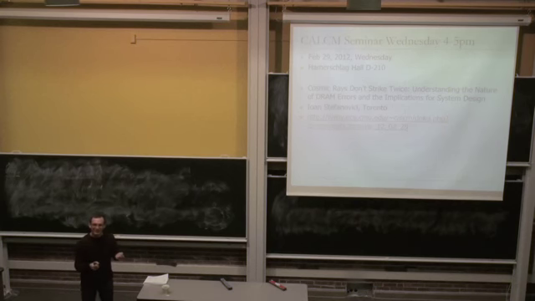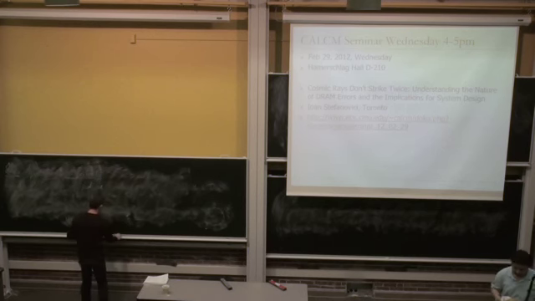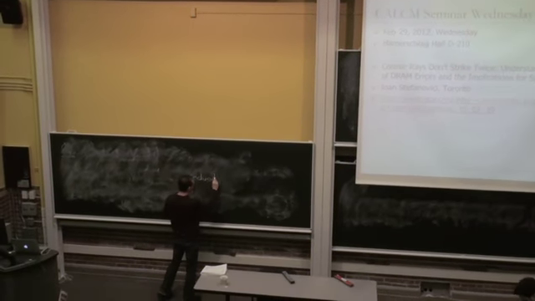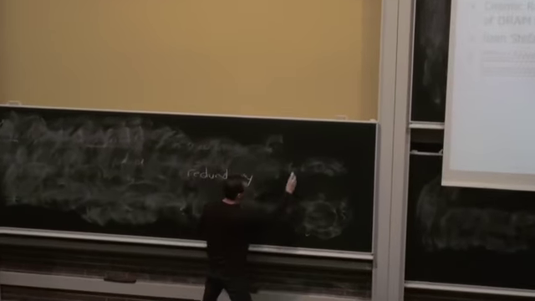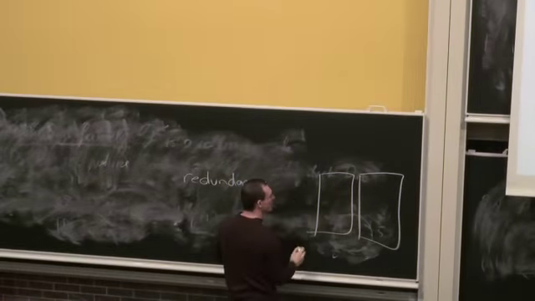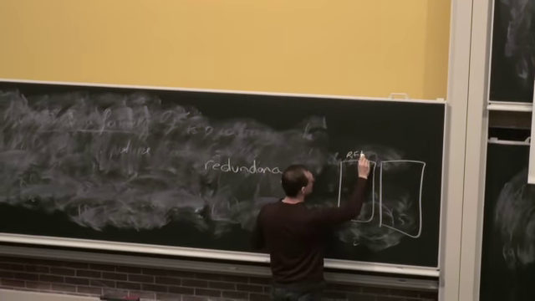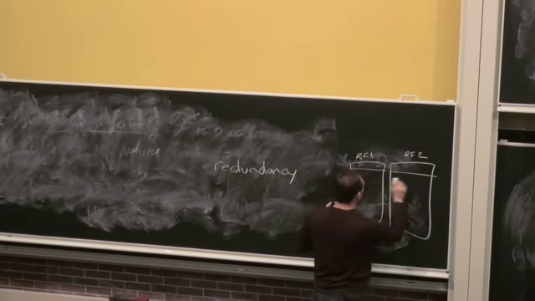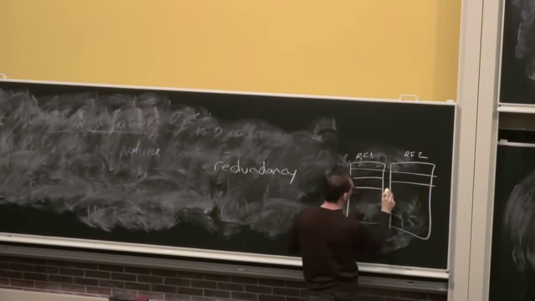Right. Or you can store 3 copies, or you can store n copies of your register and compare those n copies. This idea is called redundancy, right? Basically you're storing, instead of having a single register file, you have multiple copies of the register file. Register file 1, register file 2. Logically, they're the same thing. Physically, they're at different locations.